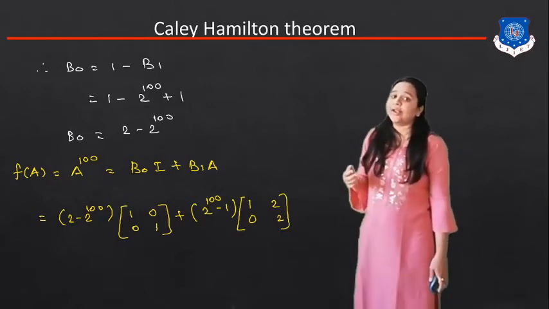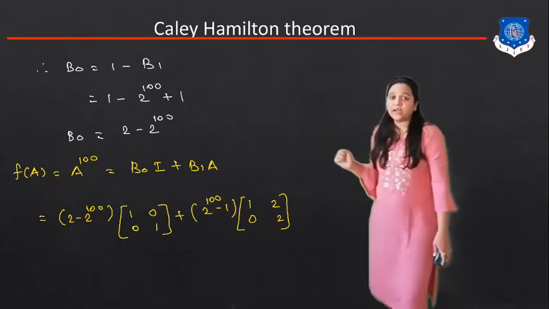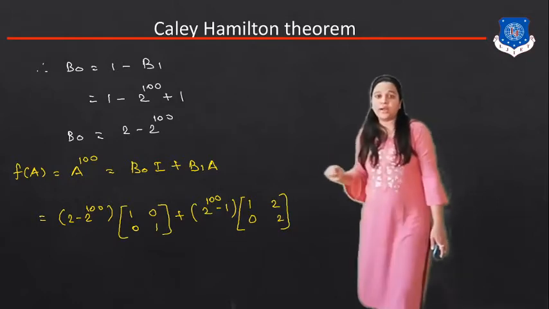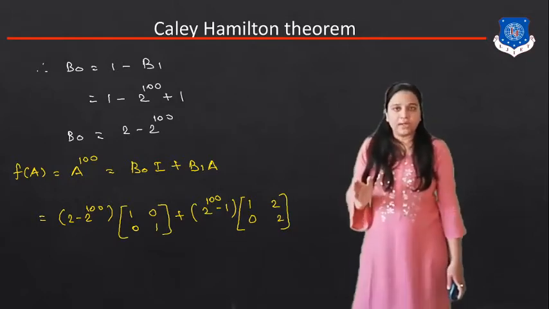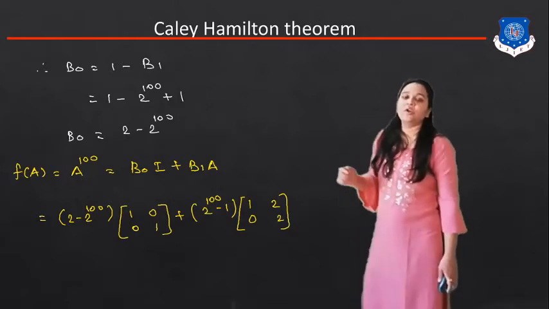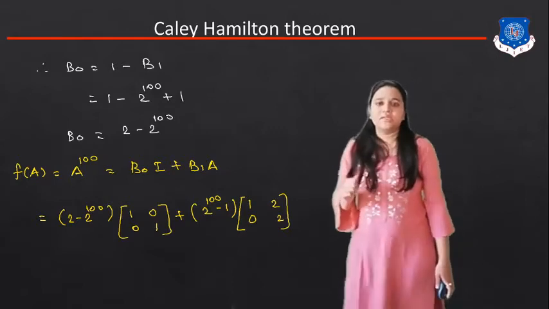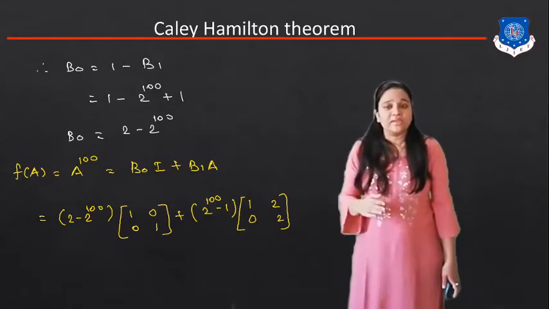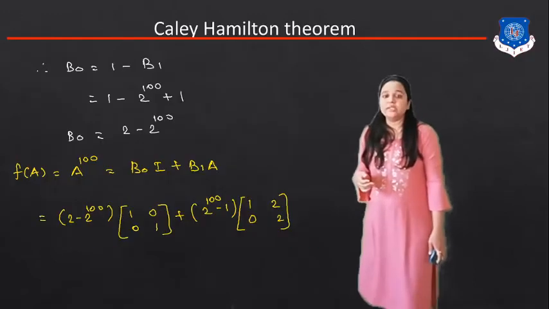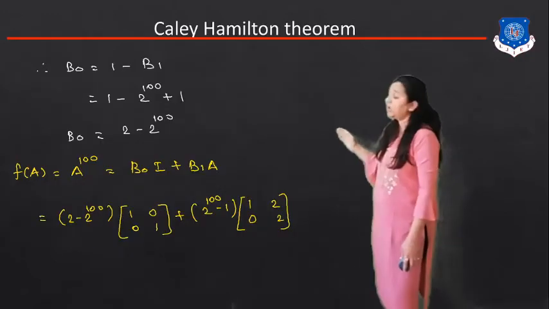So put the value of b0 and b1 in this equation: b0 is equal to 2 minus 2 raised to 100, and the I matrix is 1 0 0 1, plus b1 is equal to 2 raised to 100 minus 1, and our A matrix is 1 2 0 2. In this example, the value of the A matrix is given. So simplify this equation, we can find the value of A raised to 100.